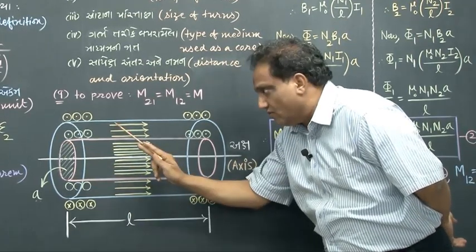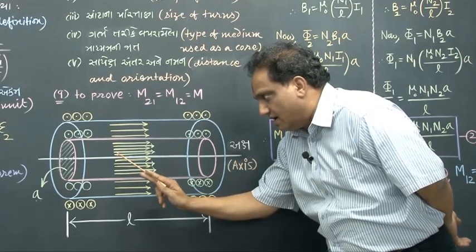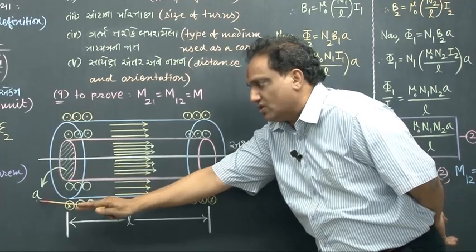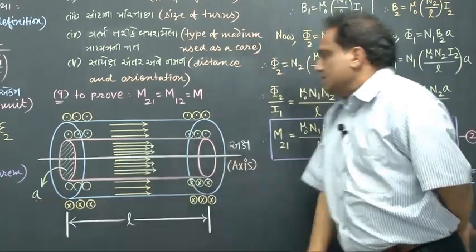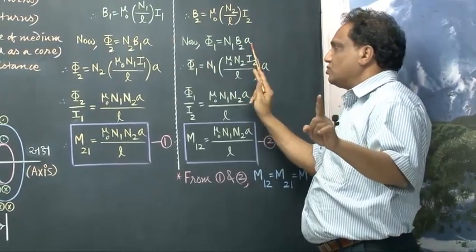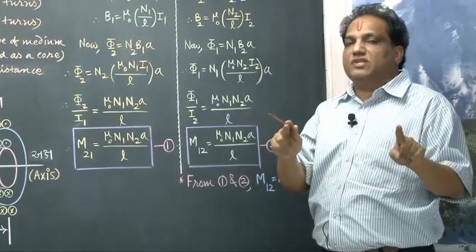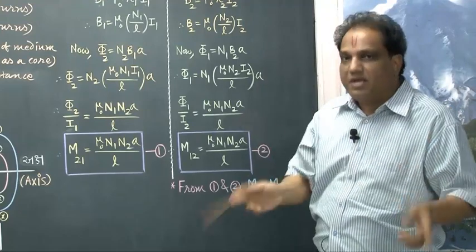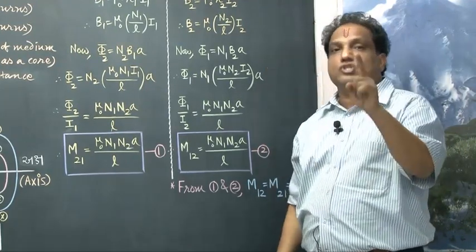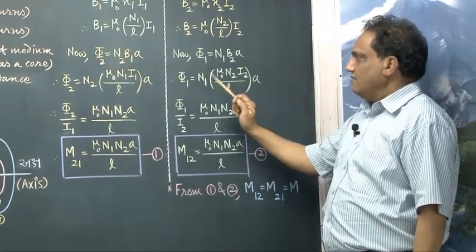No. Out of this whole number, only certain yellow colored lines pass through the small solenoid, which has cross section small a. So that's why I am writing here also small a. Mind well, in both cases you are supposed to write the common area of intersection, and the common area of intersection between the first and second solenoid is the smallest area, the cross sectional area of the small solenoid, which is small a. Fine. N1 as it is.